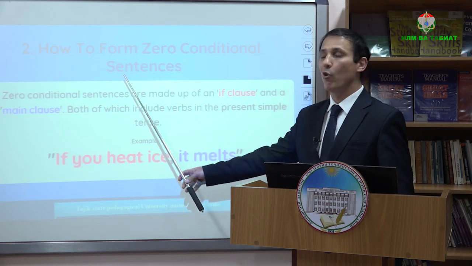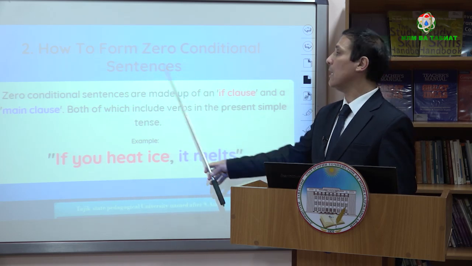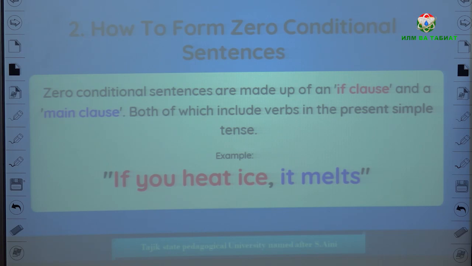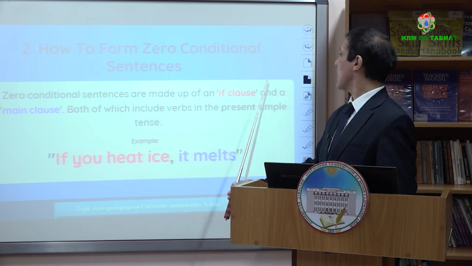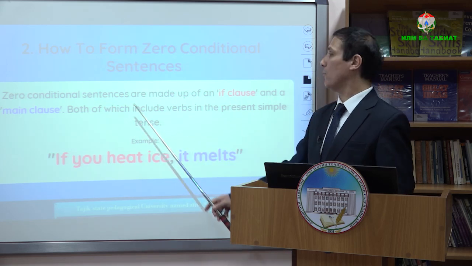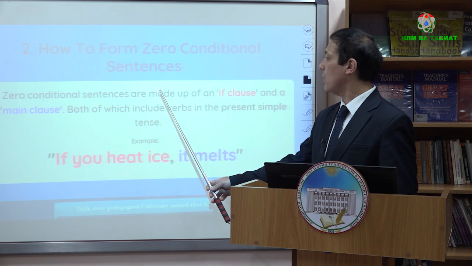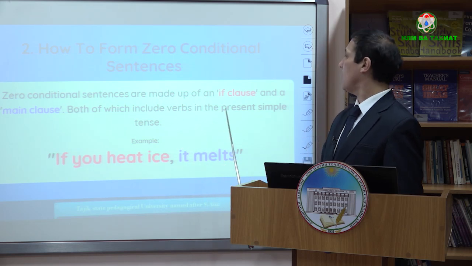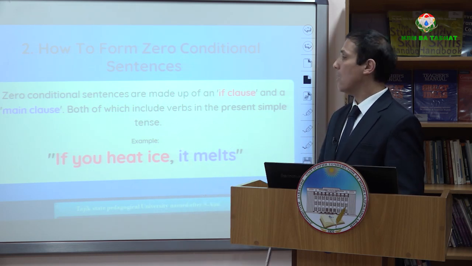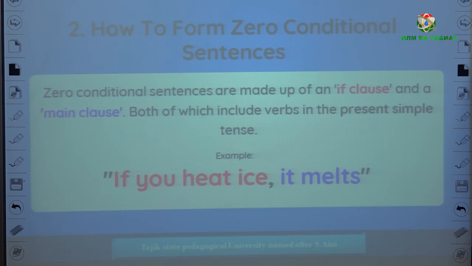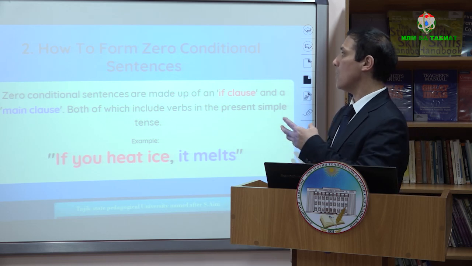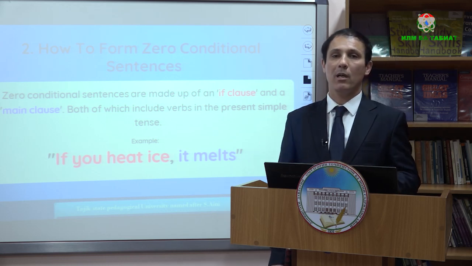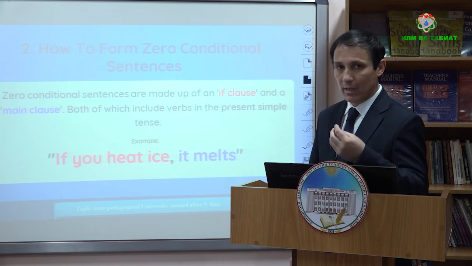How to form zero conditional sentences? Zero conditional sentences are made up of an if clause and a main clause, both of which use the present simple tense. These parts of grammar connect with English tenses.